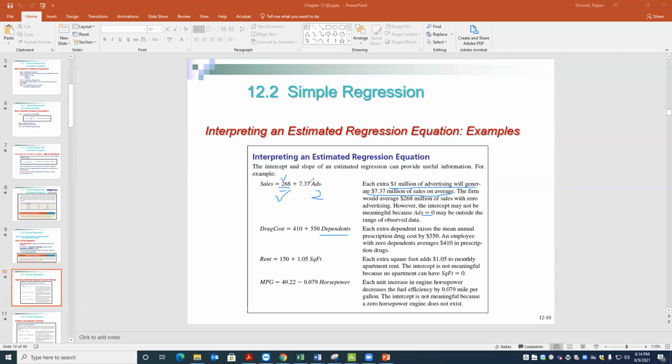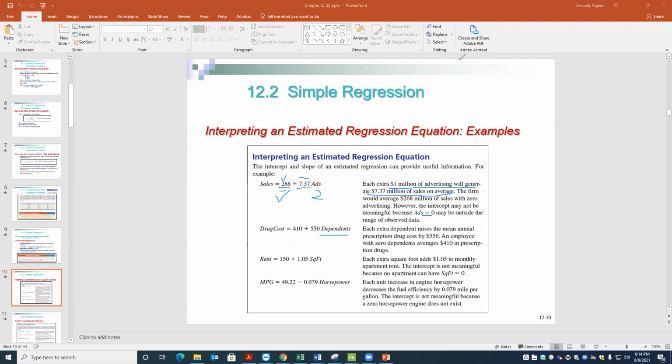If you increase advertisement by 1 million, you get this much more. If you don't spend any money, your sales is 268. If you spend 1 million, it is multiplied by 7.37 plus this. If you spend 2 million, 14.5, and keep going on.